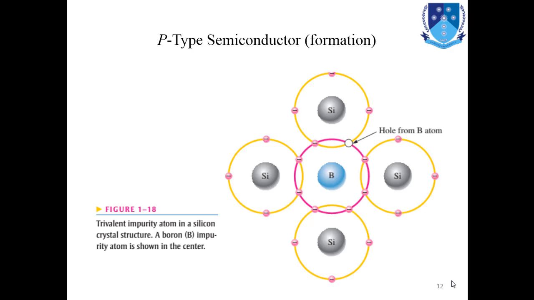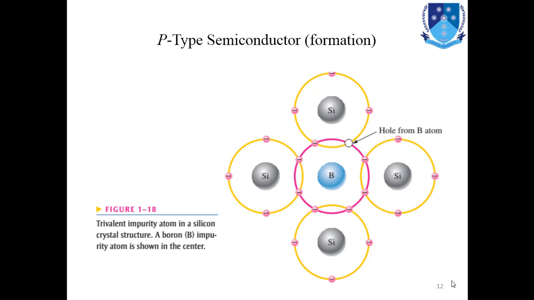Here in this diagram we can see that in the atomic structure of silicon, the center silicon atom is attached with four neighbor silicon atoms. Even when we add a boron atom as an impurity atom, it will adopt the crystalline structure of the silicon crystal.